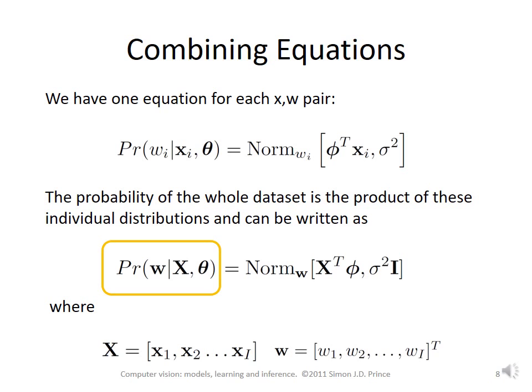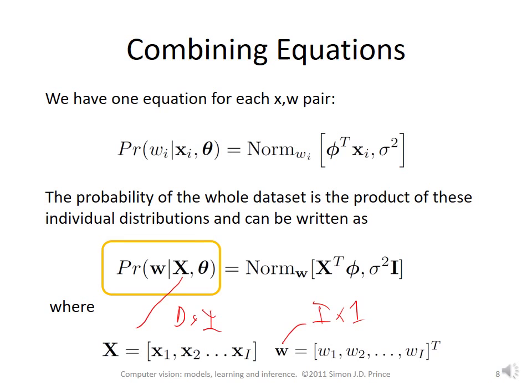If we look at the dimensions of these new elements, we'll see that x has d rows and it has I columns, and we'll see that w has I elements in it, so it's going to be I by 1.